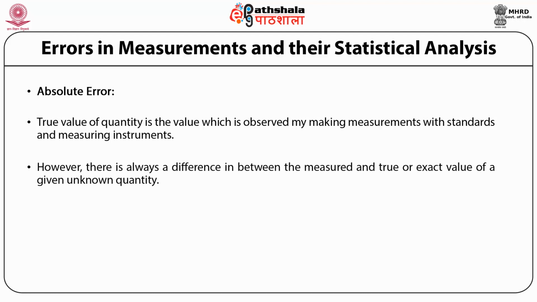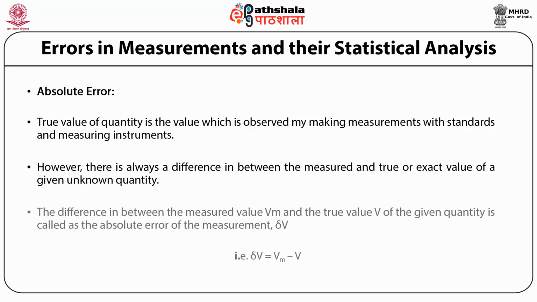The difference between the measured value Vm and the true value V of the given quantity is called the absolute error of the measurement, delta V. That is, delta V is equal to Vm minus V.